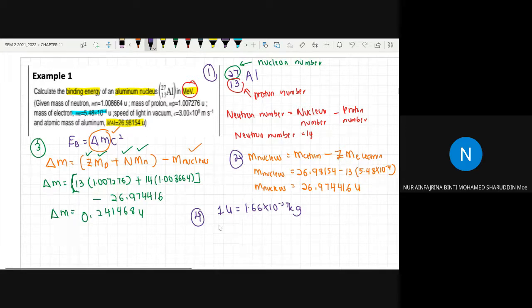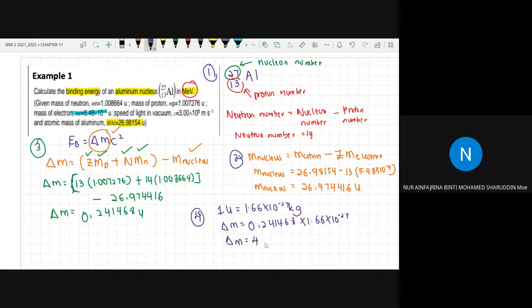Right. So how can I get it in kg? Do I divide or multiply? Multiply, because 1 U equals 1.66 times 10 to the power of negative 27. So how much do you get?